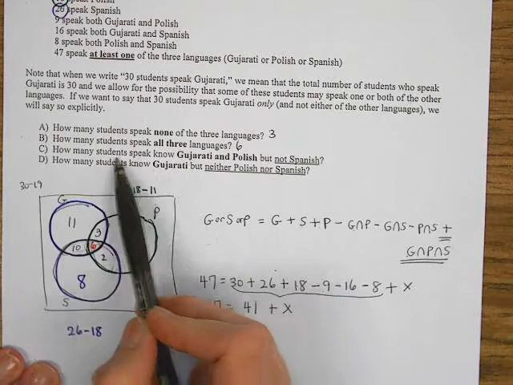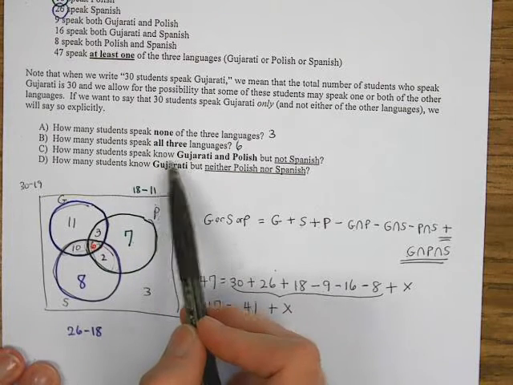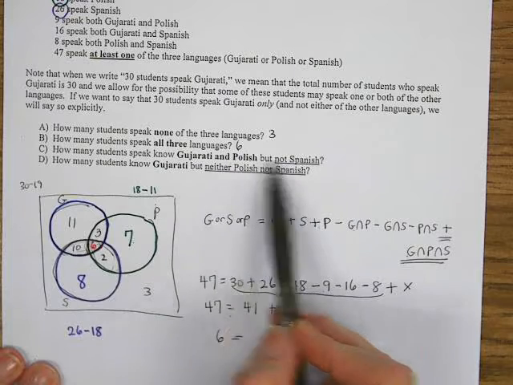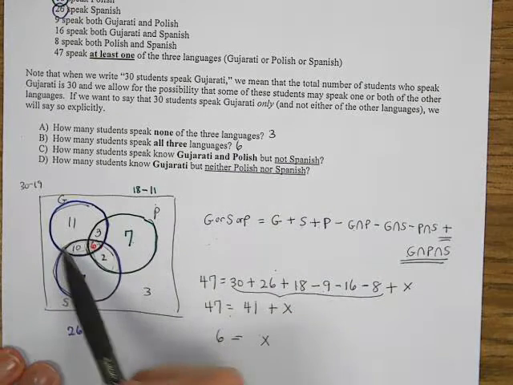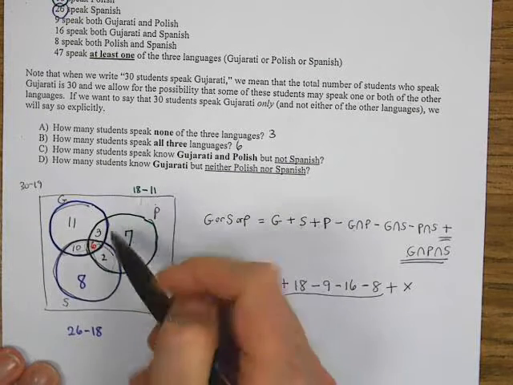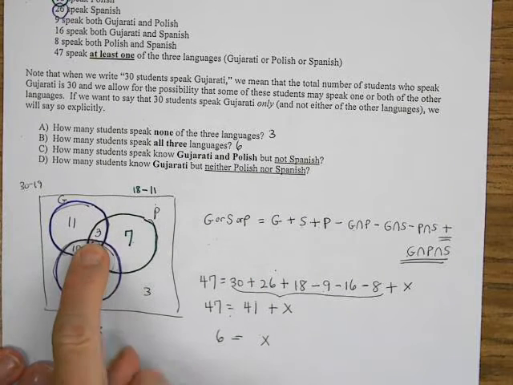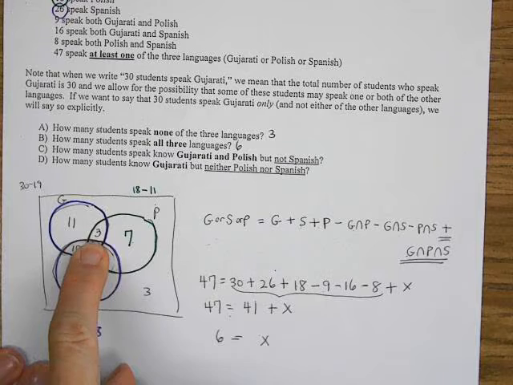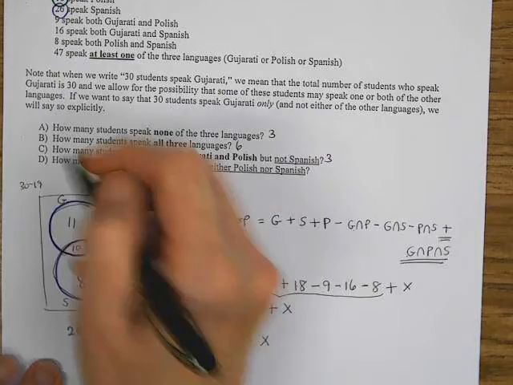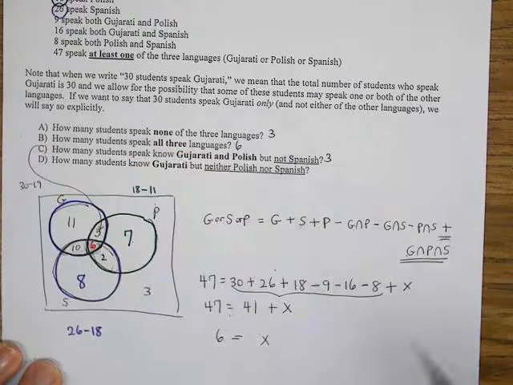How many students speak or know Gujarati and Polish but not Spanish? So let's find Gujarati and Polish. That's this football. Right? But not Spanish would eliminate everything in the purple ring, so that would be 3. That is this number right here.